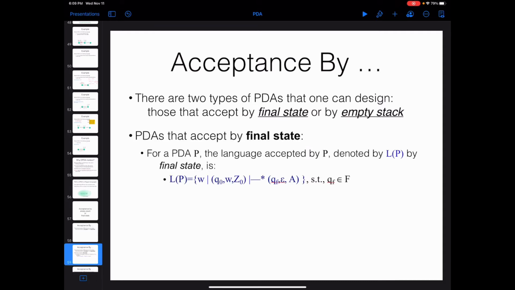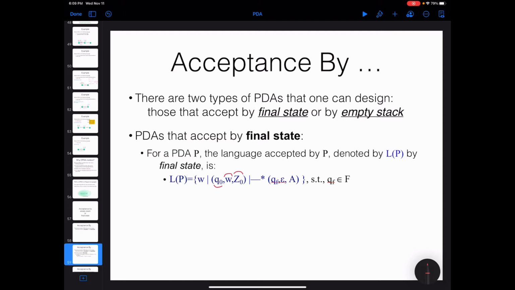What does this mean? So far, all the examples that we have seen were a type of pushdown automata that accept the strings by a final state. Basically, it means that you start from the state Q0, read the full string W, and the starting content of the stack is the initial token Z0.